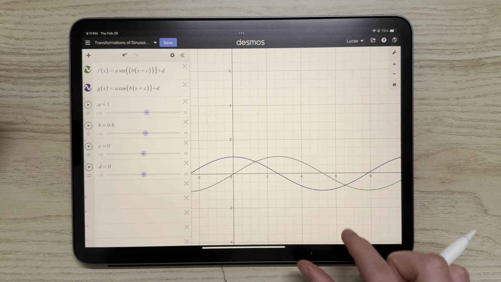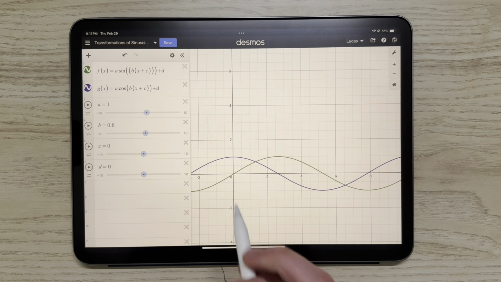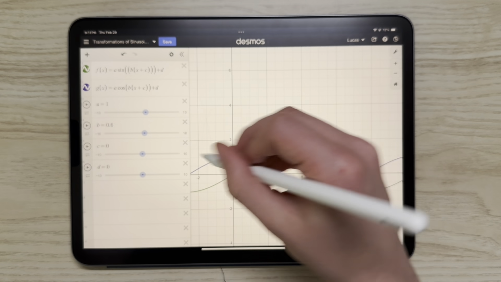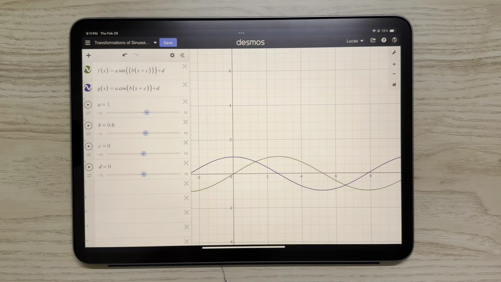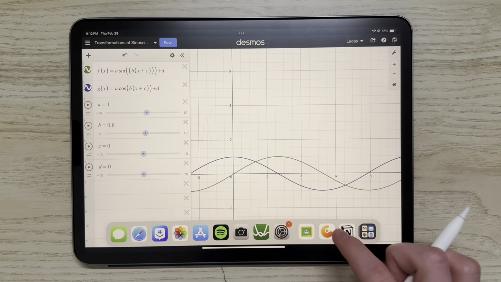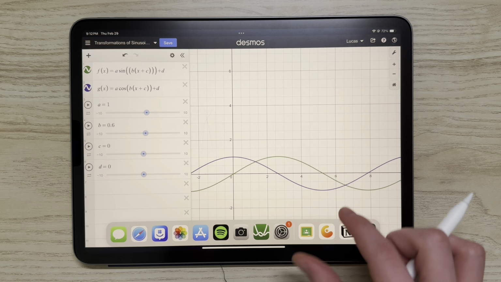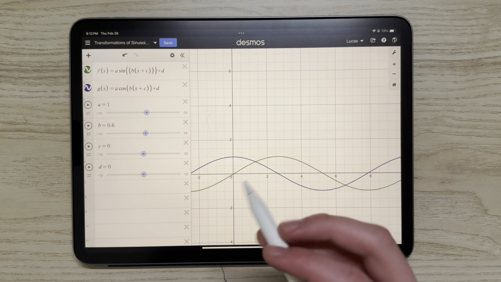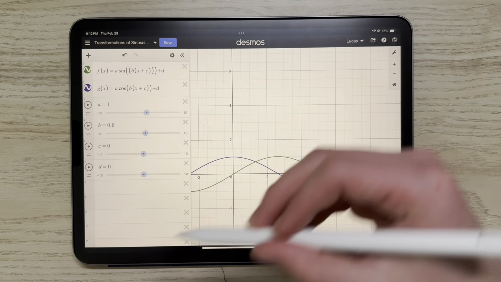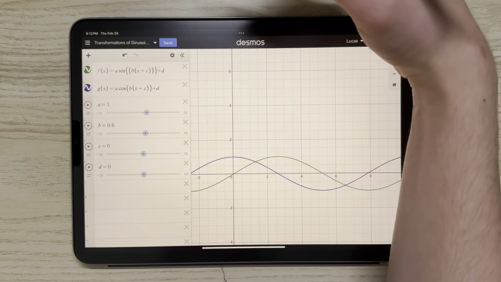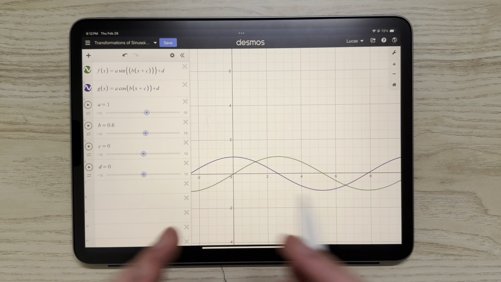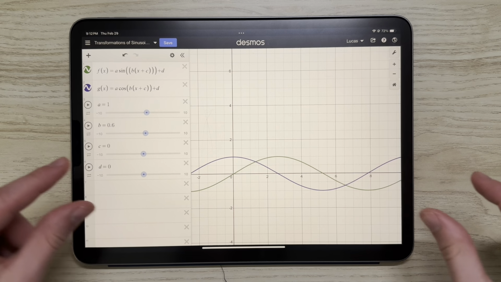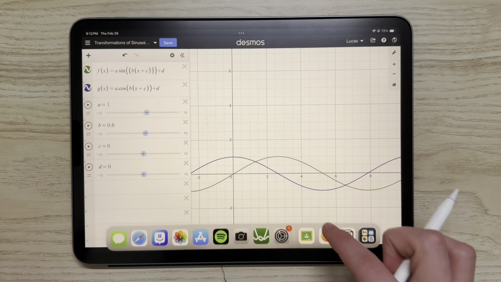And b is on the inside, so you're changing the inside, the x. So when b is small, this is kind of slow, and that means the period is bigger. That's why people say that x's are wrong: with the amplitude, as a gets bigger, the stretch is bigger, but for b, as b gets bigger, the horizontal stretch gets smaller.